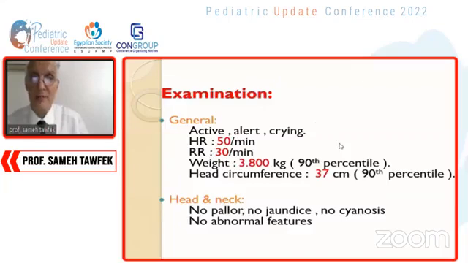On examination, baby was active, alert, although heart rate was 50, respiratory rate was 30, weight 3.8 kilograms. Head circumference was normal, 37 on the 90th percentile. No pallor, no jaundice, no cyanosis, and no abnormal or dysmorphic features.